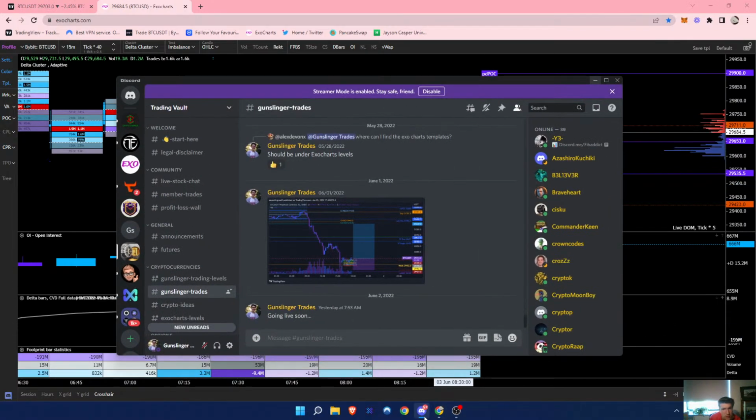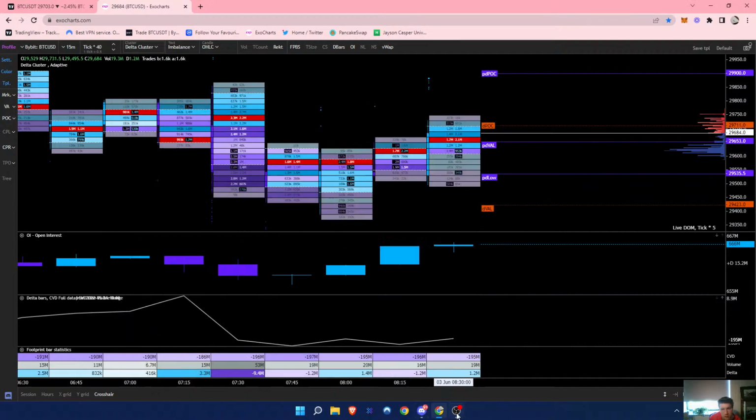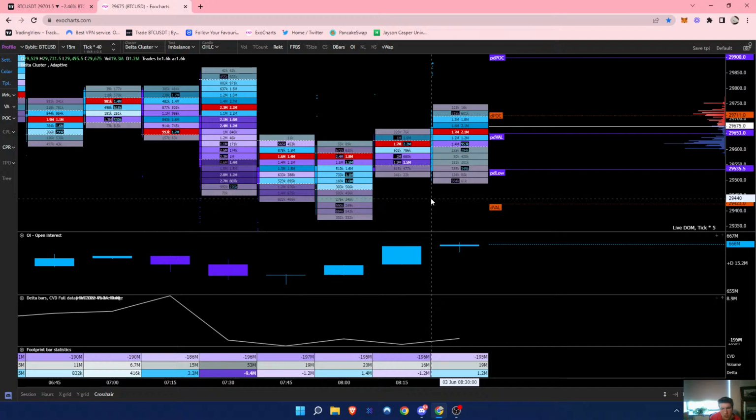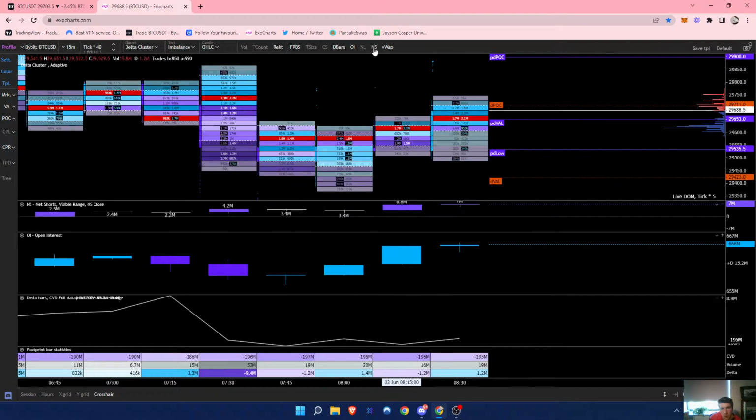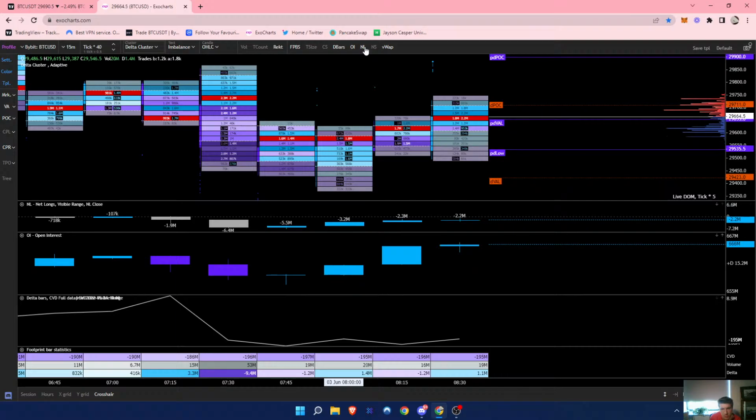Interesting. So yeah, there was a good amount of shorts coming in here. Typically you want to see CVD kind of making lower lows right here. That is a pretty good example of the absorption going on.